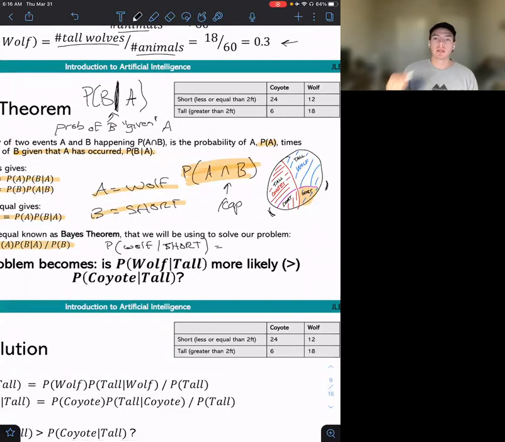And we can directly calculate what that probability is, where it's just the probability of wolf, times the probability of short given that it's a wolf, divided by the total probability of short.